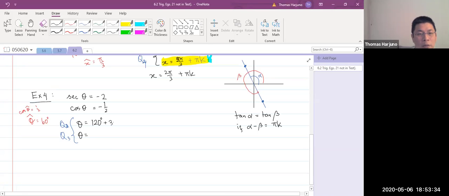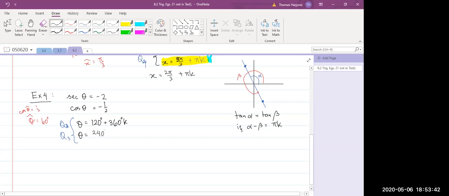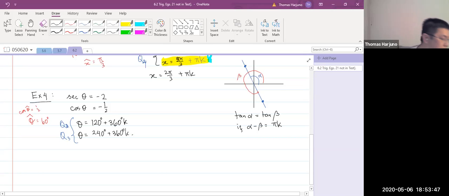Don't forget plus 360 degrees multiples of that. In quadrant 3 it will be 240 degrees. You will see that in this section you need to memorize the values for those special angles, at least the sine, cosine, tangent of those special angles.